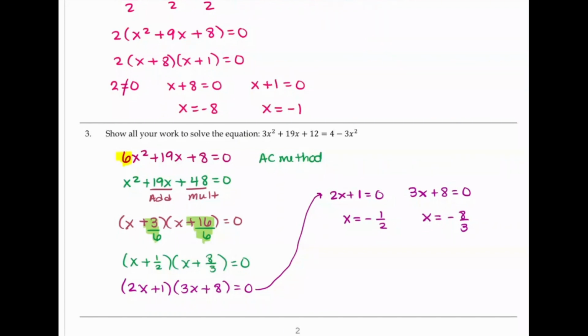Whenever you are writing it as factors, you have to make sure that you don't have any fractions. So that 2 has to come in front of the x, and the 3 has to come in front of the x. And then I applied that zero product property, giving me my answer of negative 1/2 and negative 8/3.